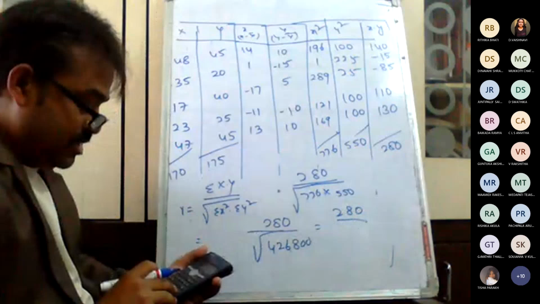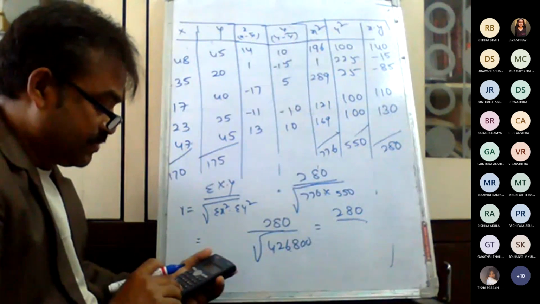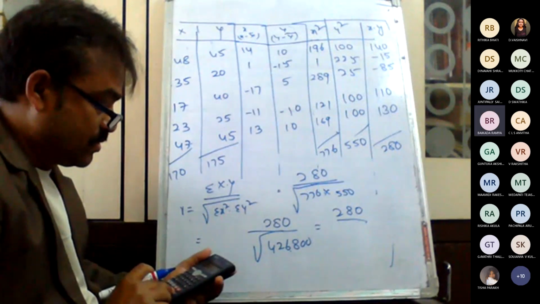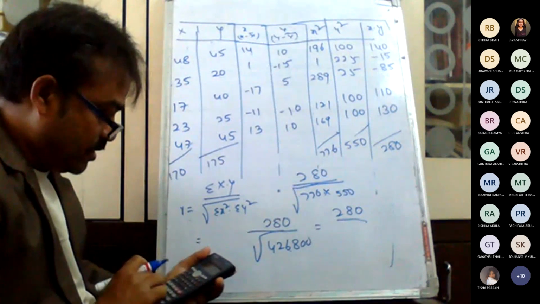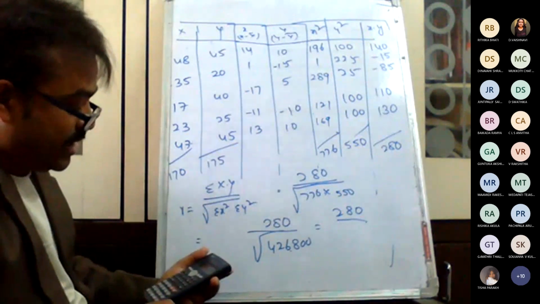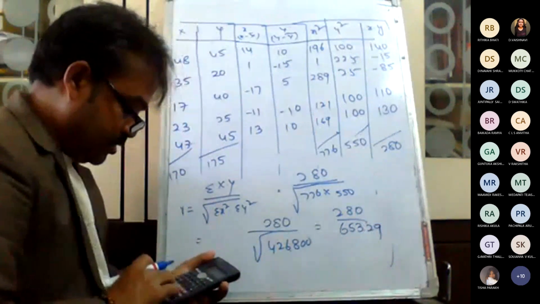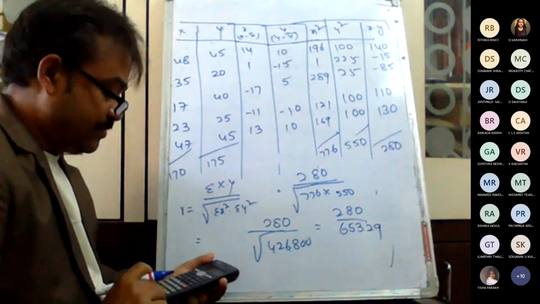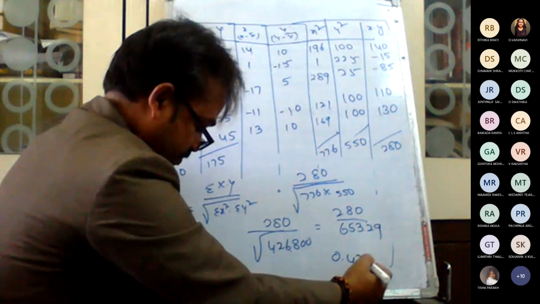The answer is 653.29. So 280 divided by 653.29 is 0.428.